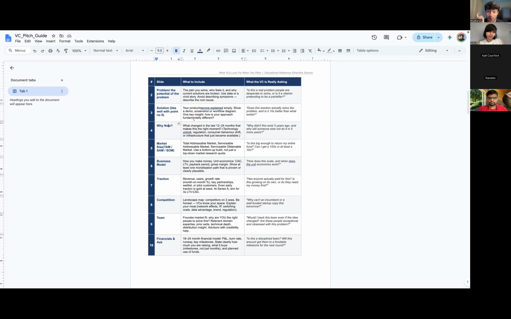Why now is what we were talking about. A lot of businesses you will see right now in the AI space, at least in the last 1.5, 2 years, are coming up because now we have these foundational models and people can build some wrapper on top of them, which can also be very useful. Specifically in the case of Indian law, there were a couple of Indian law startups talking about using these foundational models for lawyers, helping them with diligence, etc. The why now could be the story of why only now can such a business be built and not any time before: a Jio revolution happened in 2016.